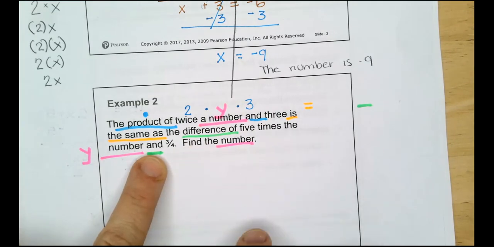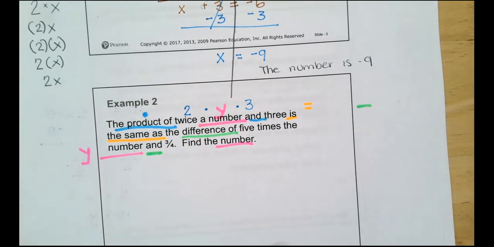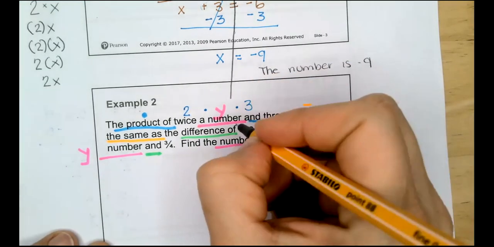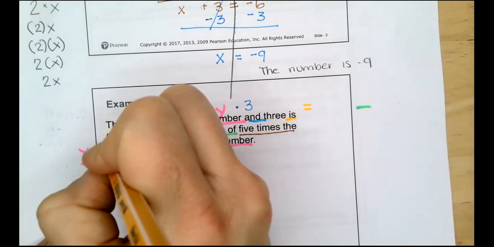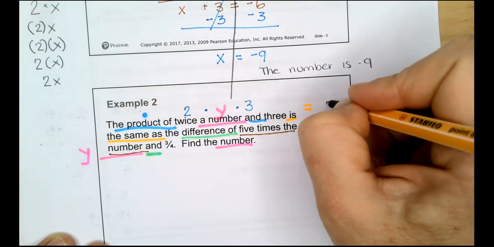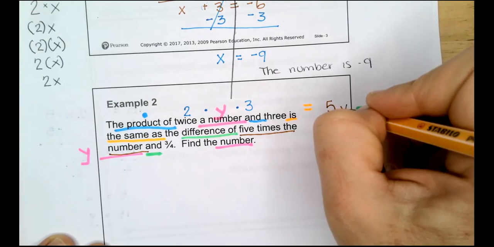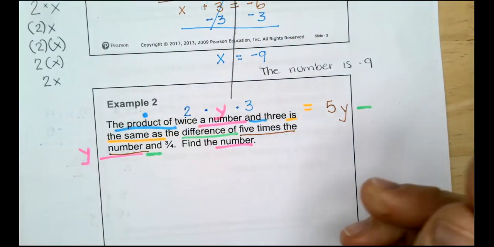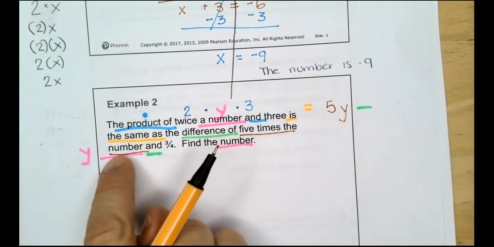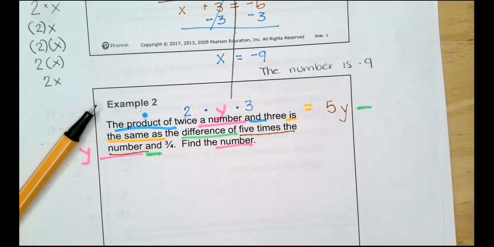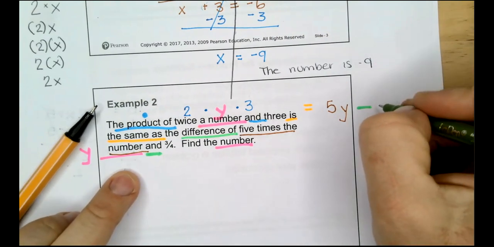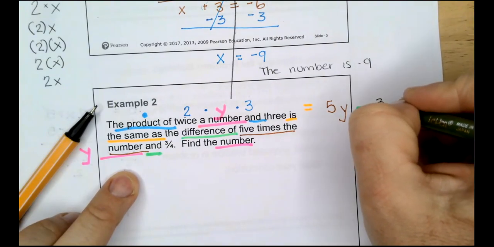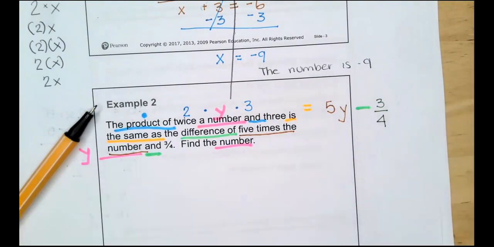Then we're taking the difference of 5 times the number. So 5 times the number means 5y, just like twice a number means 2y. The other half of the difference is 3/4.